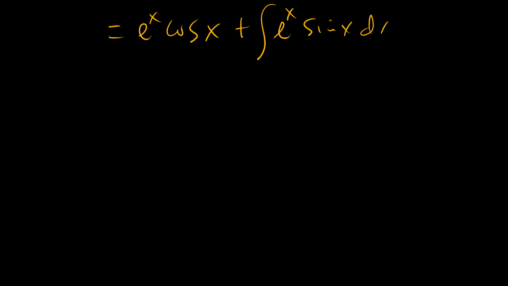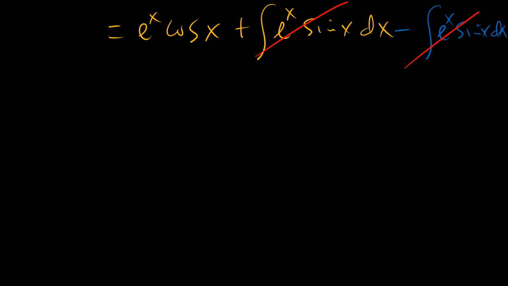So if we now come here, we can express it as e to the power x times cosine x plus the integral of e to the x sine x. But then we have to write the blue one, which is minus the integral of e to the x sine x. And as we can see, the reds, this and that, will cancel.